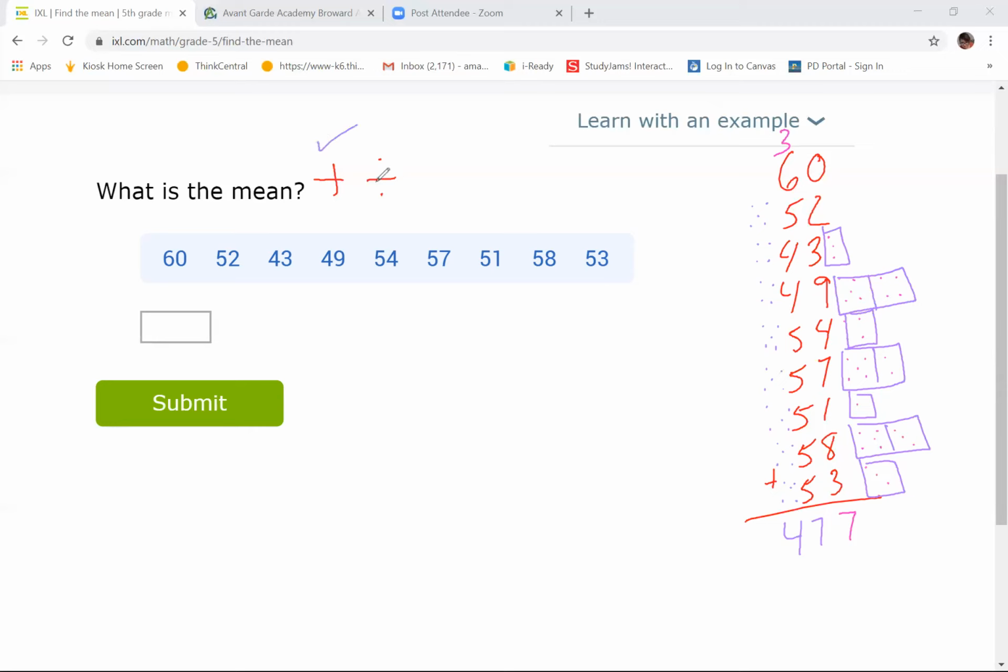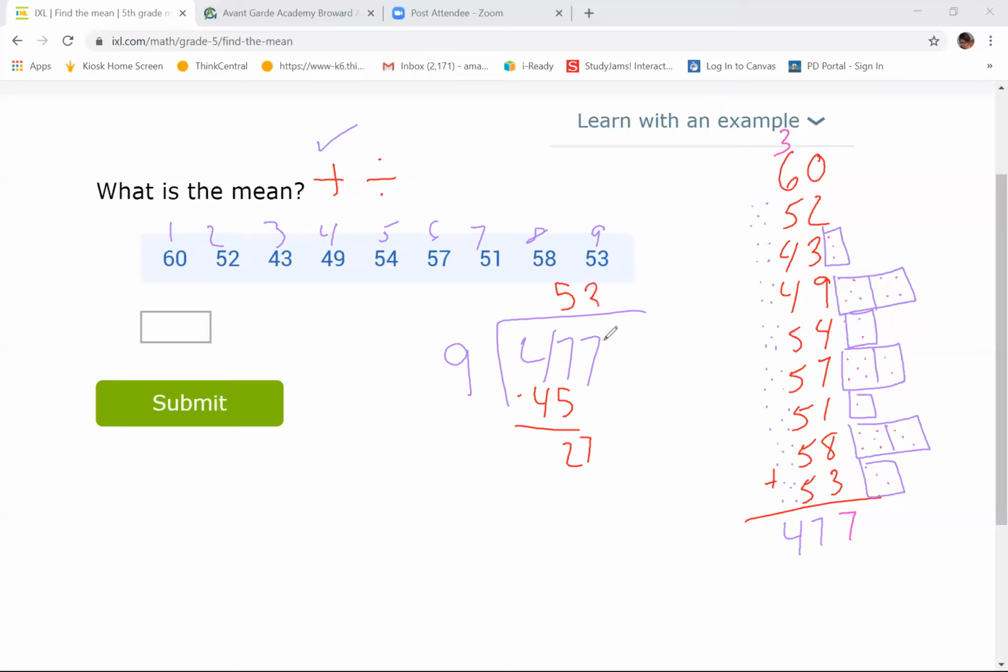Step 2, I need to divide. 477 divided by 9. 9 times what will get me close to 47 without going over? Well, I know that 9 times 5 is 45. That's pretty close. When I subtract, I have 27.